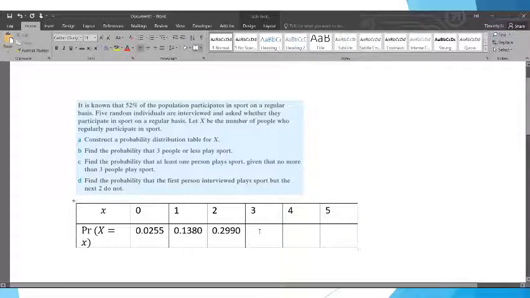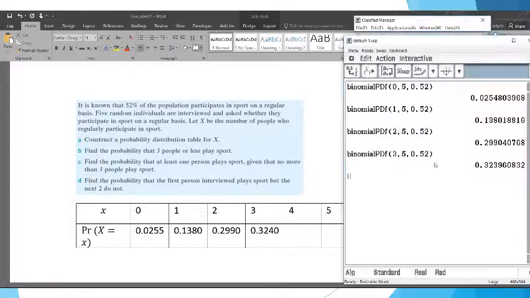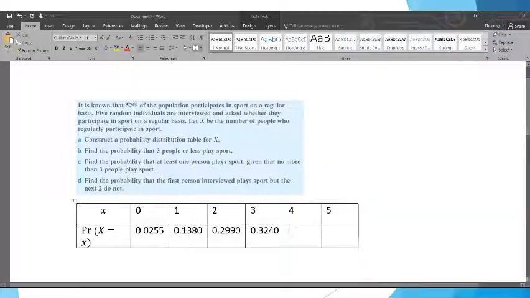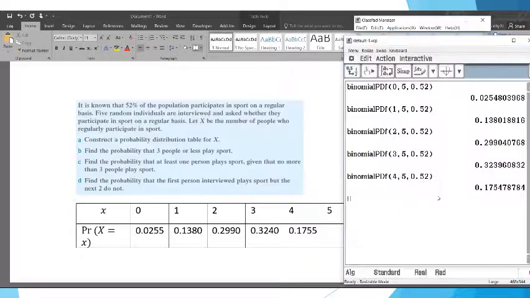Then 3 is 0.3240, 4 is 0.1755, and the last one, 5, is 0.0380.